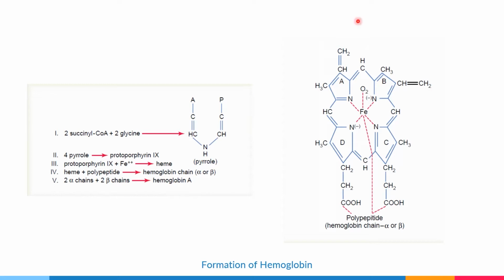So here we have the full structure of hemoglobin, and we can see that the iron is bound to the heme part of it. In this particular picture, we can see the full diagrammatic representation of hemoglobin, and here we see that the iron is bound in between the protoporphyrin moiety, which is then connected to the polypeptide chain.